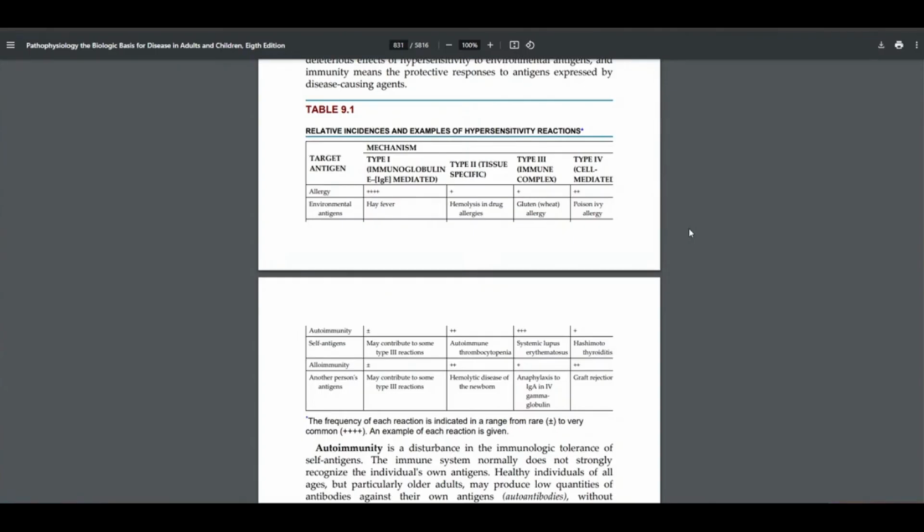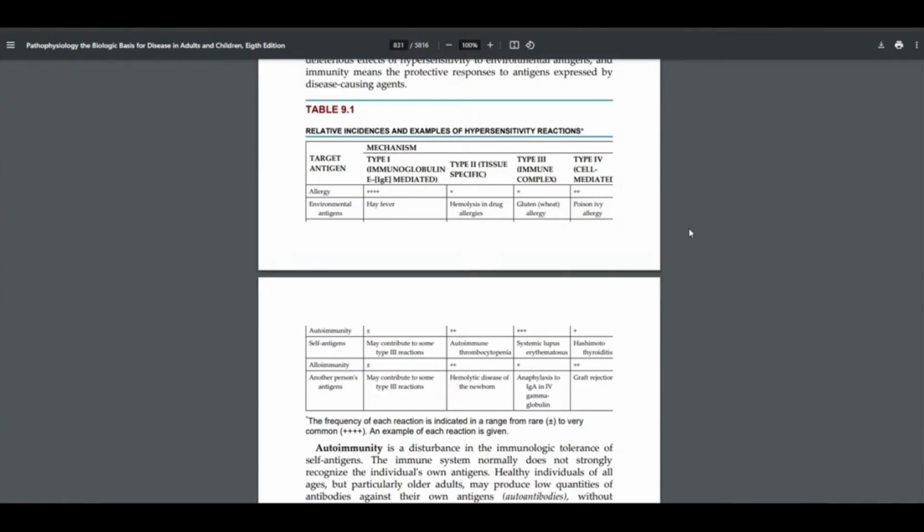It is positive for alloimmunity, and it can cause anaphylaxis to IgA in type 4 gamma globulins. And then there is a cell-mediated type 4 allergy, such as poison ivy. Again, it's an allergic reaction to an environmental antigen. There is a positive autoimmunity, the self-antigens or Hashimoto thyroiditis, is positive to alloimmunity, and another person's antigens could cause a graft rejection.